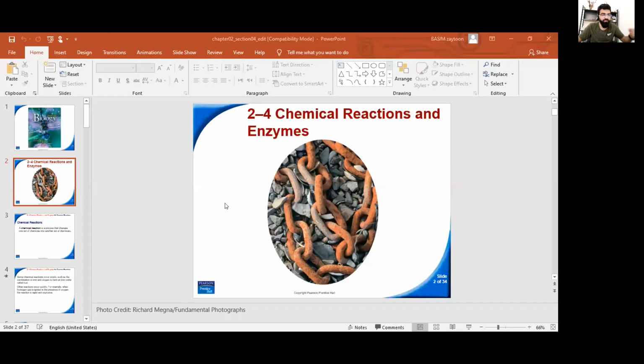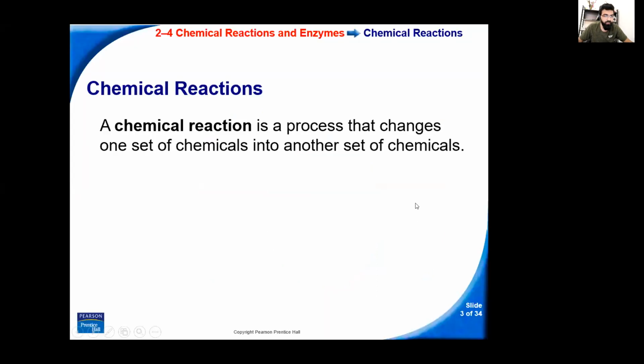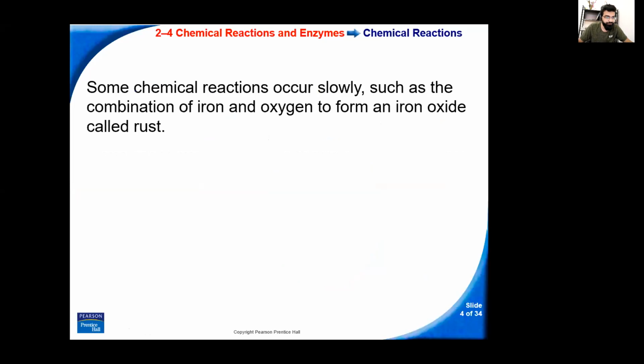Now, the chemical reactions and enzymes. Last time we took the chemical reaction and we understood the parts of chemical reactions. We said that we have the reactants and products.